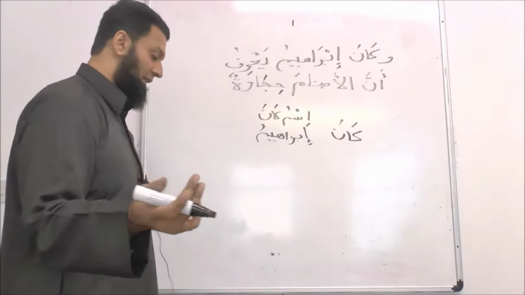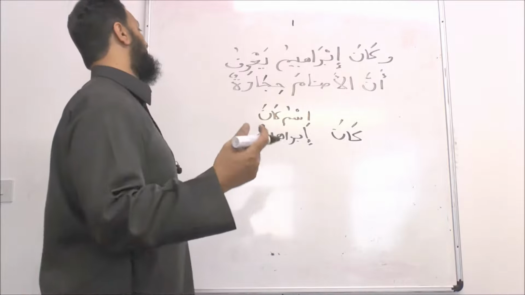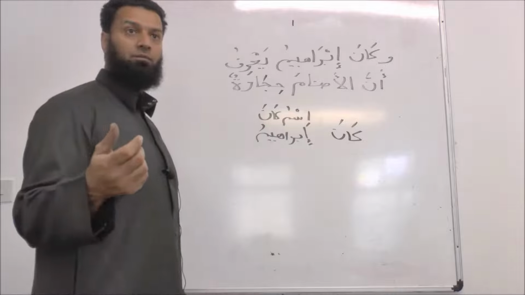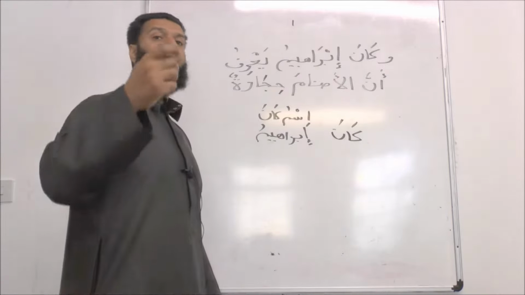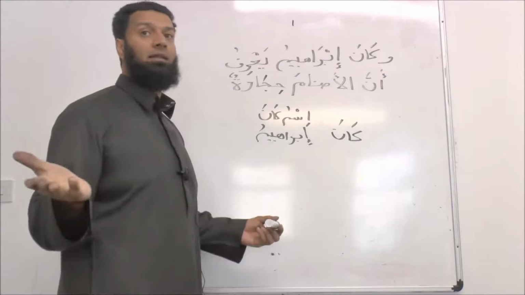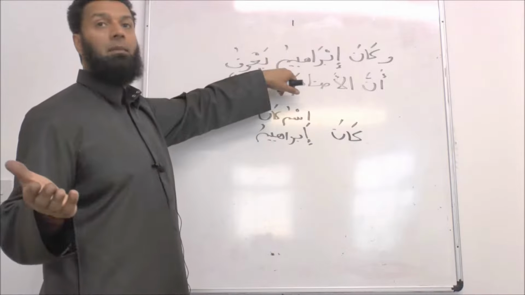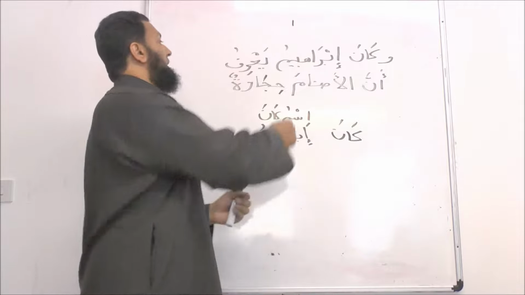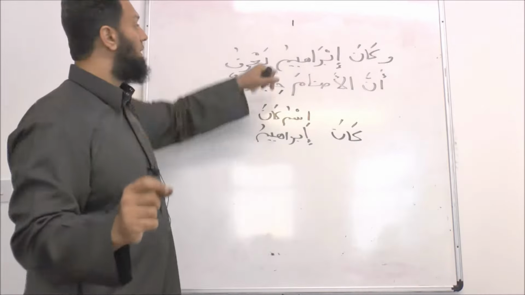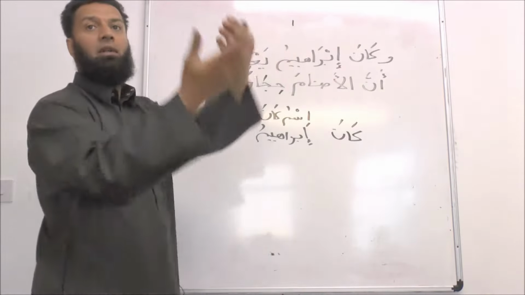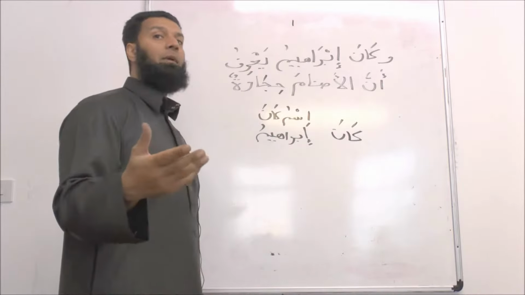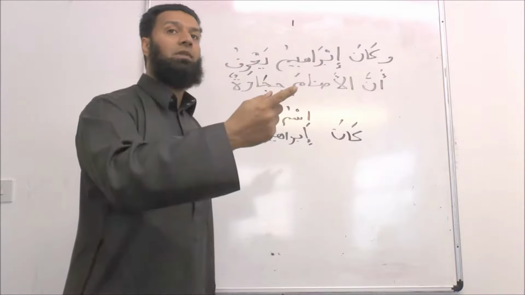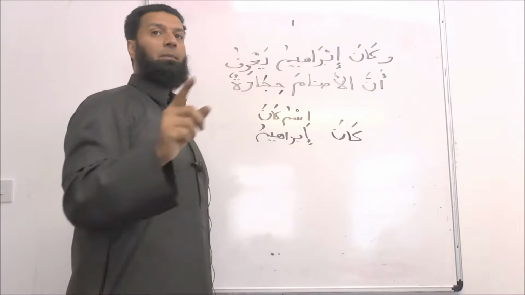marfu', right? And we need to become accustomed to this expression that the grammarians use, alamatu raf'ihi. The indicator for being marfu' is the damma. They say ad-dammatu adh-dhahira 'ala akhirihi, the damma which is apparent. Remember, some harakat are not apparent; they're assumed to be there.